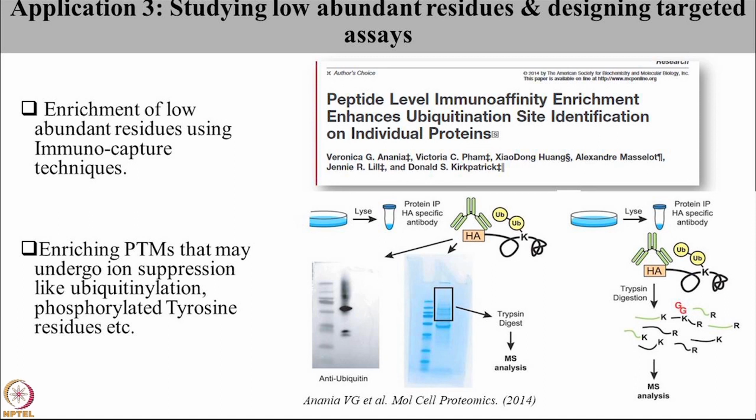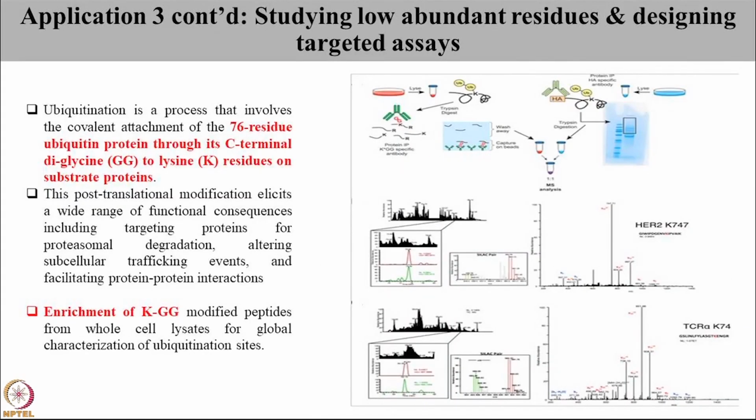You would hardly see any tyrosine residues, because tyrosine residues, A, are very few in the whole proteome, and B, they are very transient in nature. Sometimes they are phosphorylated, sometimes not, so it's hard to get. So you can take an antibody, pull down the tyrosine phosphorylated residues, and perform MS to be very confident that you're getting them.